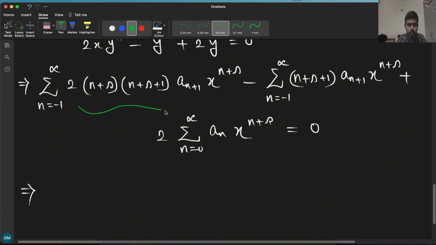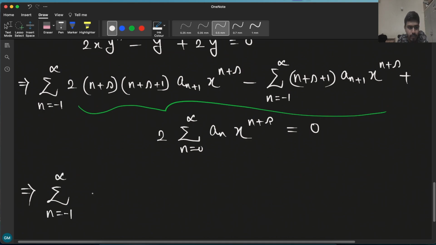These first two terms, if I put them together, then it will be the sum over n equals -1 to infinity. I can take n plus s plus 1 common, and also x to the power n plus s common.